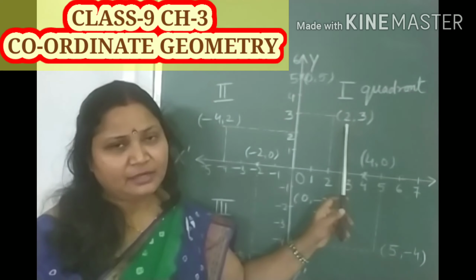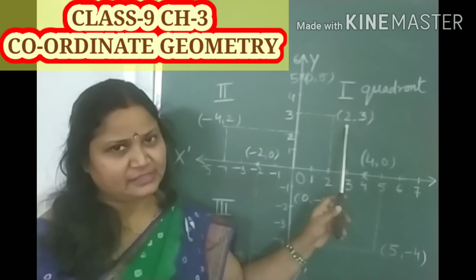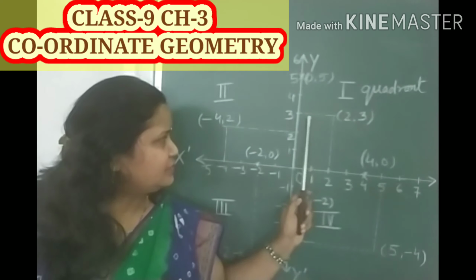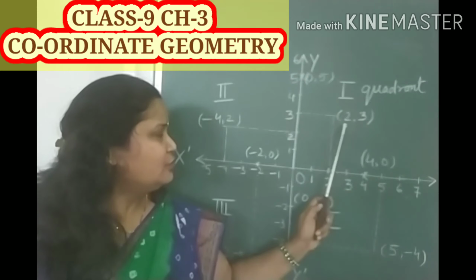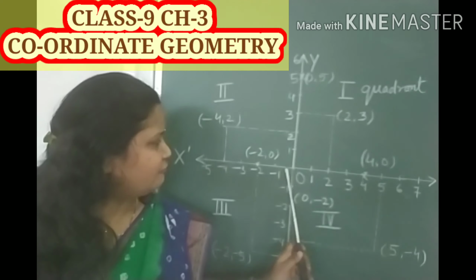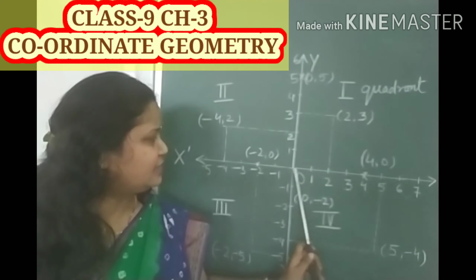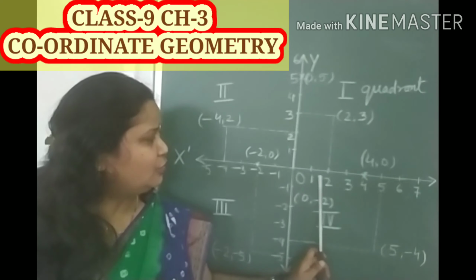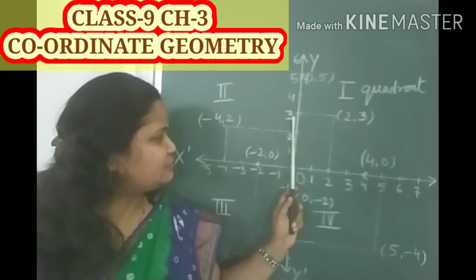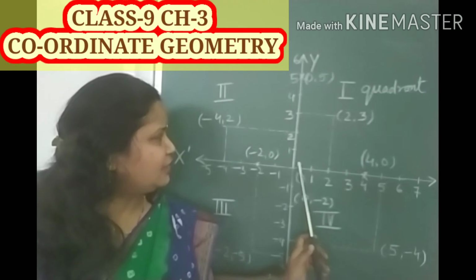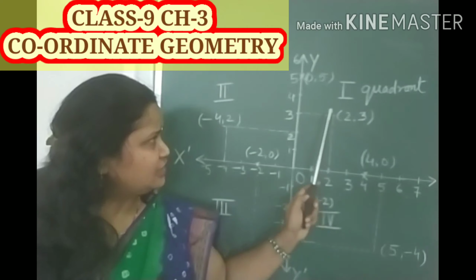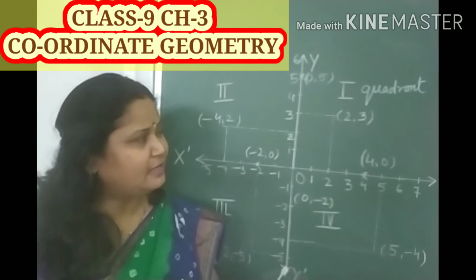The x coordinate means distance from the y-axis and the y coordinate means distance from the x-axis. The coordinates of this point are (2, 3). So its x coordinate is 2, meaning this point has a distance of 2 units from the y-axis, and its y coordinate is 3, meaning the distance of this point from the x-axis is 3 units. So in this way we can denote any point in this Cartesian plane.